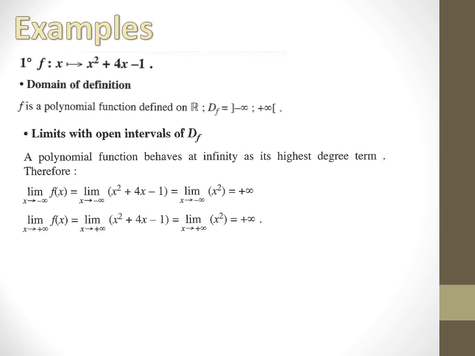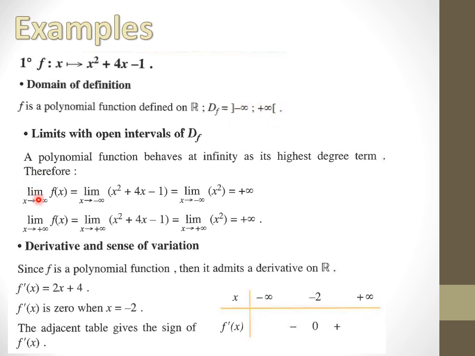So we need to do the limit at minus infinity and the limit at plus infinity. If we do the limit at minus infinity, then it's the limit of the highest degree, which is x squared. Limit when x tends to minus infinity is plus infinity, because minus infinity squared is plus infinity. Now limit when x tends to plus infinity is plus infinity.